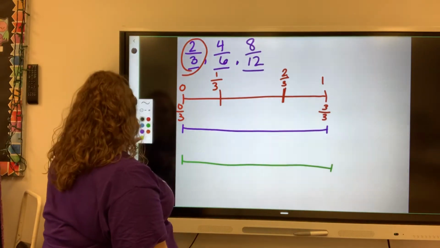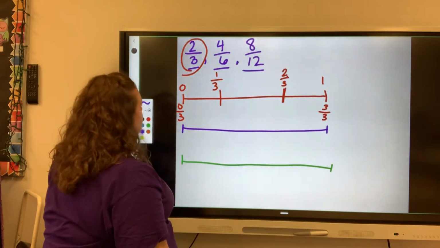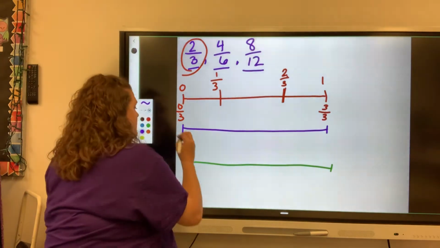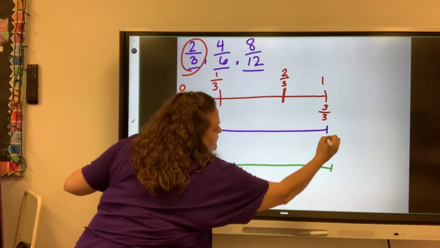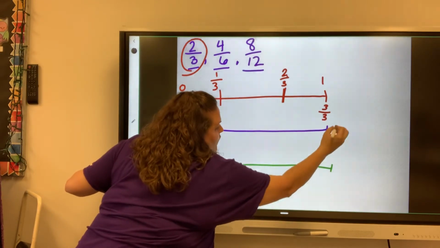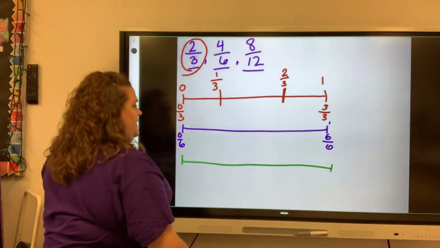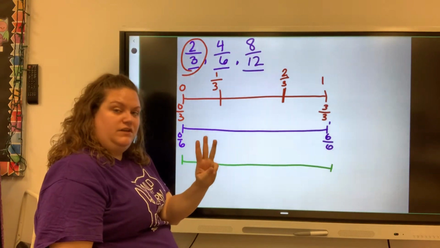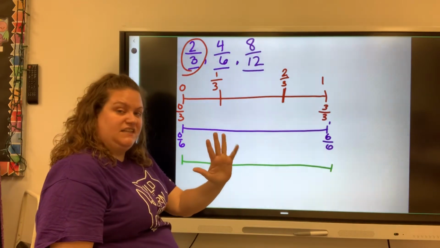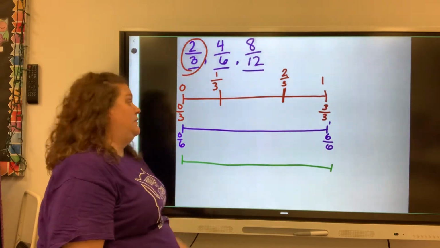But right now I'm going to go to my purple line, which is going to be for my sixths. So this is going to be 0/6, and 1 is going to be 6/6, because that's a whole. Then I'm going to need to do 1/6, 2/6, 3/6, 4/6, 5/6. So I'm going to need to draw 5 lines to make this equal.